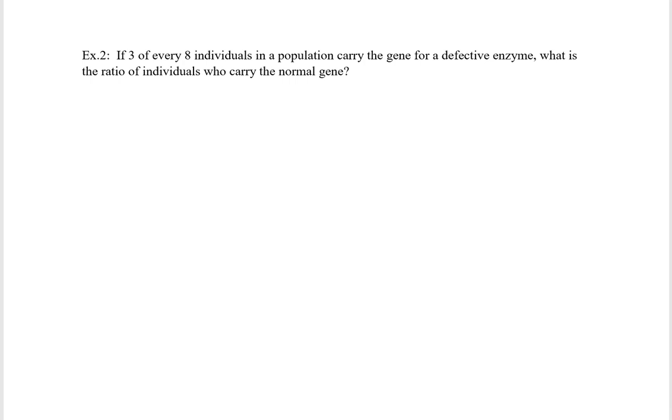Okay, let's try this one. If 3 of every 8 individuals in a population carry the gene of a defective enzyme, what is the ratio of individuals who carry the normal gene? For this problem, we're given 3 of every 8. So the ones that carry the defective gene would be 3 over 8 if I wanted to write that as a fraction.